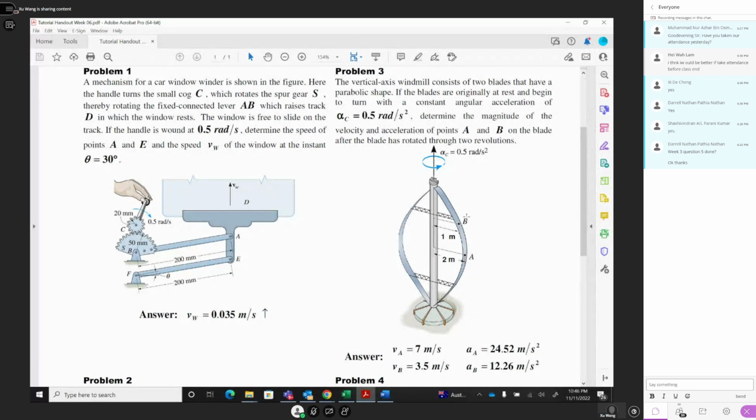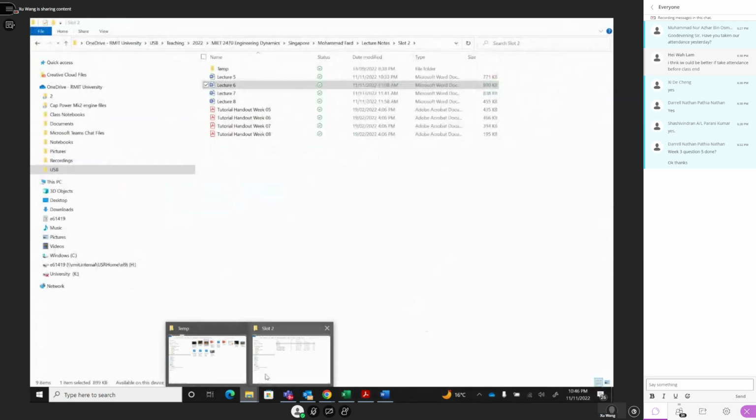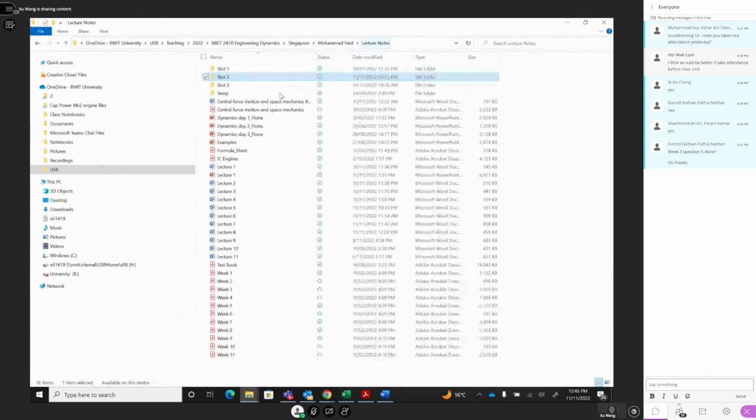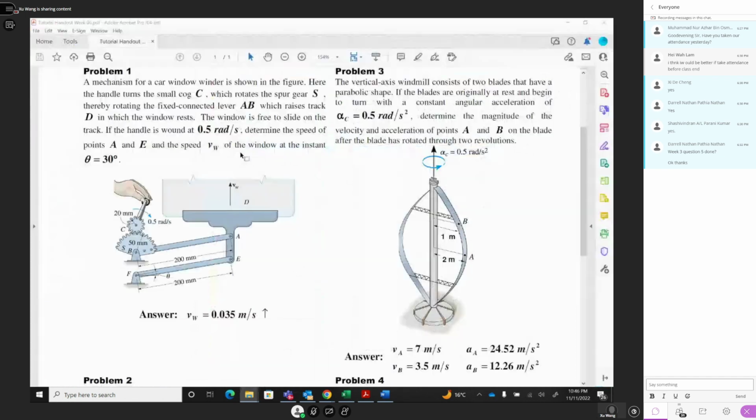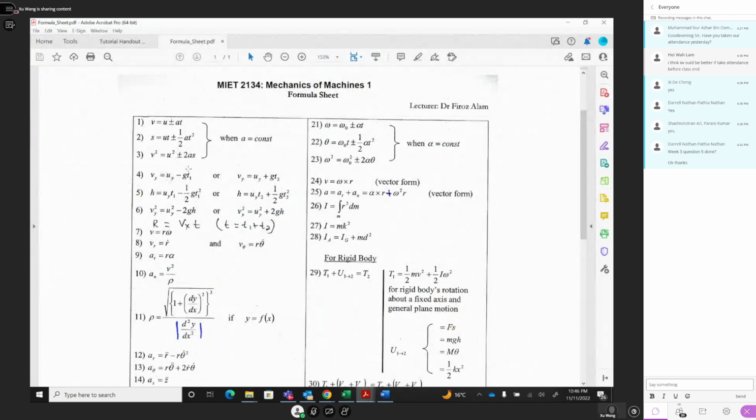So this is a constant acceleration, okay? You know the distance, you know the acceleration. You should find the velocity. For the formula, if you go back to your formula sheet, you should reference it. Formula is here, reference your formula, and you should always use this one. You know the S, 2 revolutions, okay?